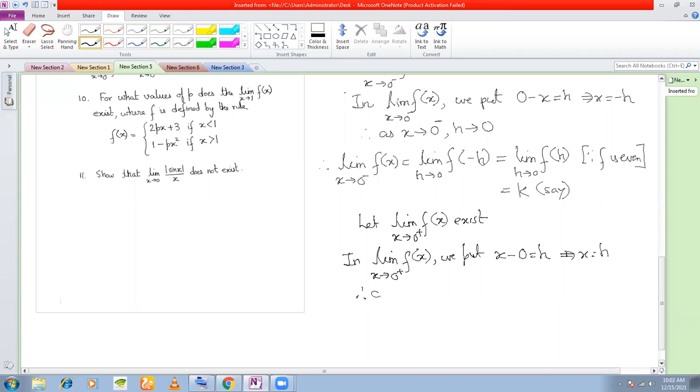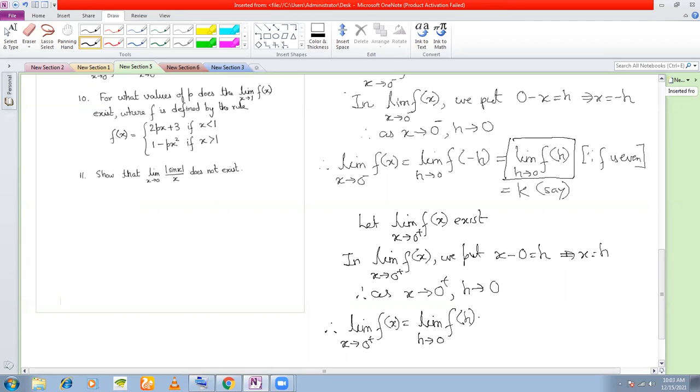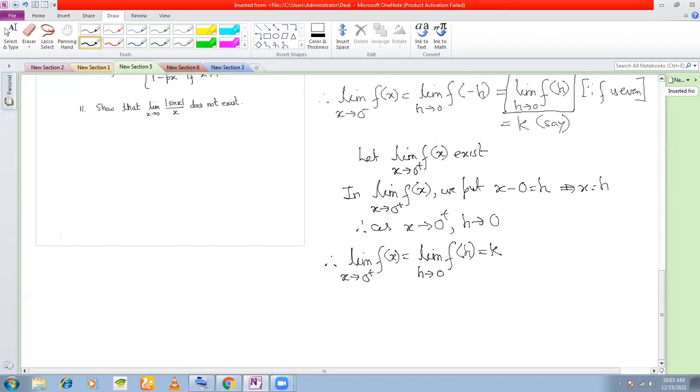Therefore, as x tends to 0 plus, h tends to 0. Therefore, what is this limit? The limit as x tends to 0 plus of f of x is equal to the limit as h tends to 0 of f of h, since x is equal to h. Now what is this? Again we are getting the limit as h tends to 0 of f of h, which is equal to k, right? So therefore what do we see?